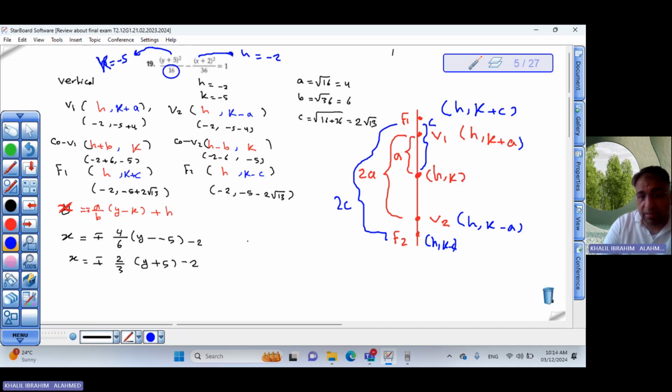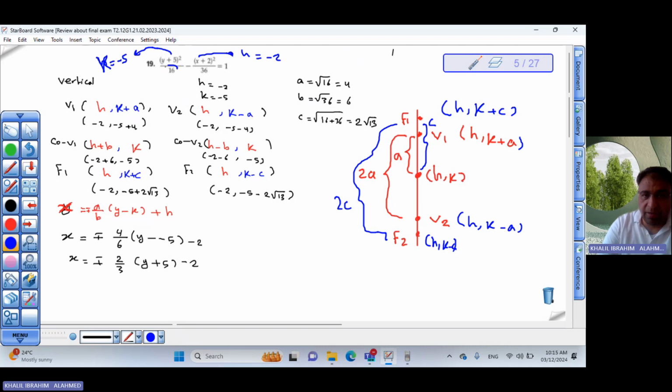This is the equation; this is vertical: x equals plus minus a over b. Be careful, as you see here, a over b, because a is under the y. The number under the y is the one on top. This is a big important point.